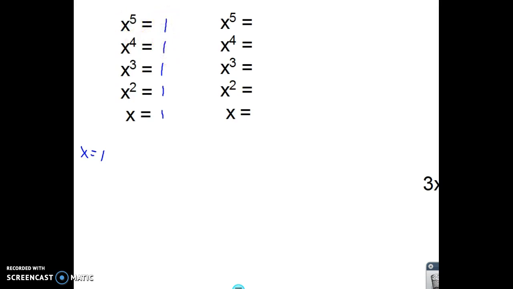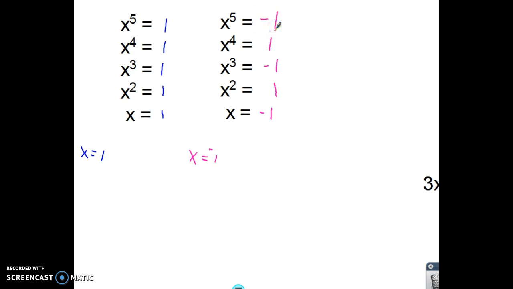Great. On this one, let's plug in a negative 1. So we get a negative 1 here. Negative 1 squared is positive 1. Negative 1 cubed would be negative 1. Negative 1 to the 4th would be positive 1. Negative 1 to the 5th would be negative 1.